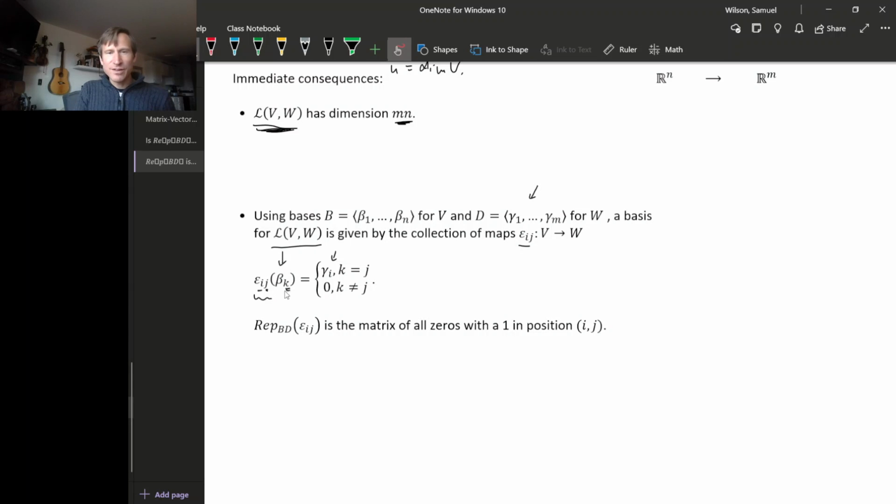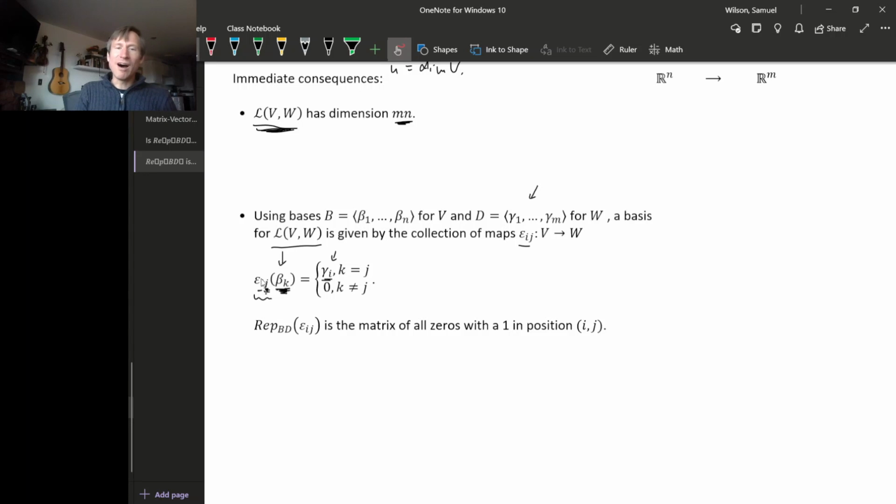And if k is not equal to j, it just gives you 0. So basically, it's watching for the jth beta. If it sees the jth beta, it turns it into the ith gamma. And any other beta, it just sends to 0.